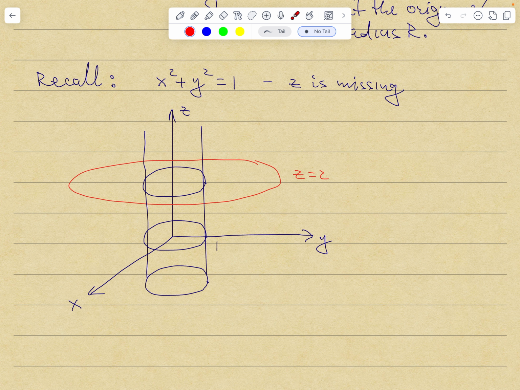In this case, that surface is a cylinder. This is going to be our second example of a quadric surface, right? Because x squared plus y squared equal to 1 means that at least two of the coefficients, in front of x squared and y squared, are not equal to 0. So it is a quadric surface, and it ends up being a cylinder.